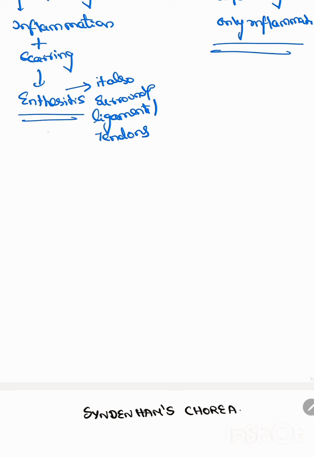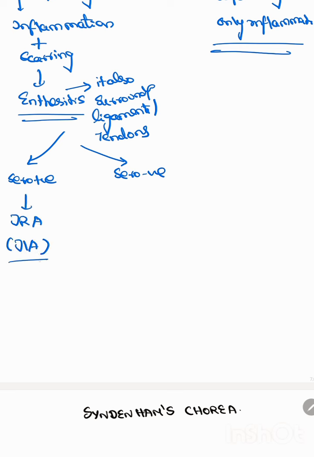So this enthesitis related arthritis can be seropositive or seronegative. The seropositive includes juvenile rheumatoid arthritis or JRA, seropositive JRA, either RA factor positive or ANA positive.